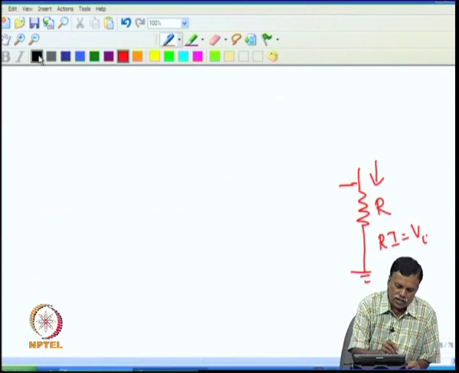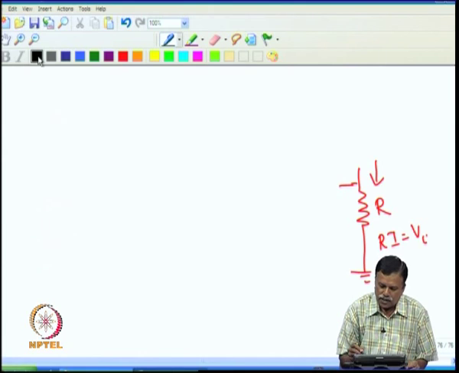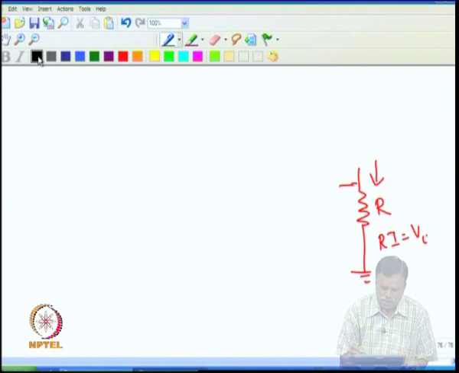In that case, we have to have a reference, and then we have another transistor to be switched off. Now, this function can be achieved easily using a transistor without reverting back to the operational amplifier.